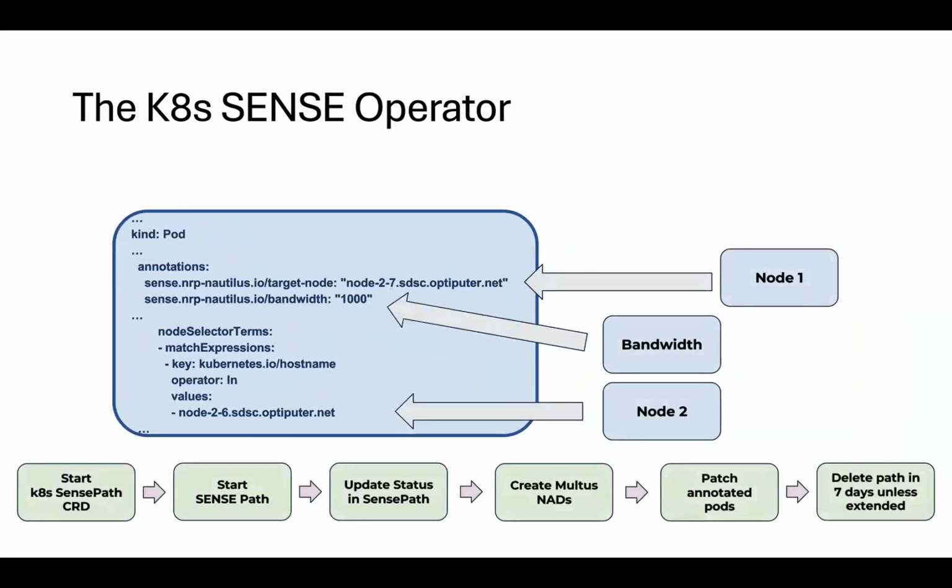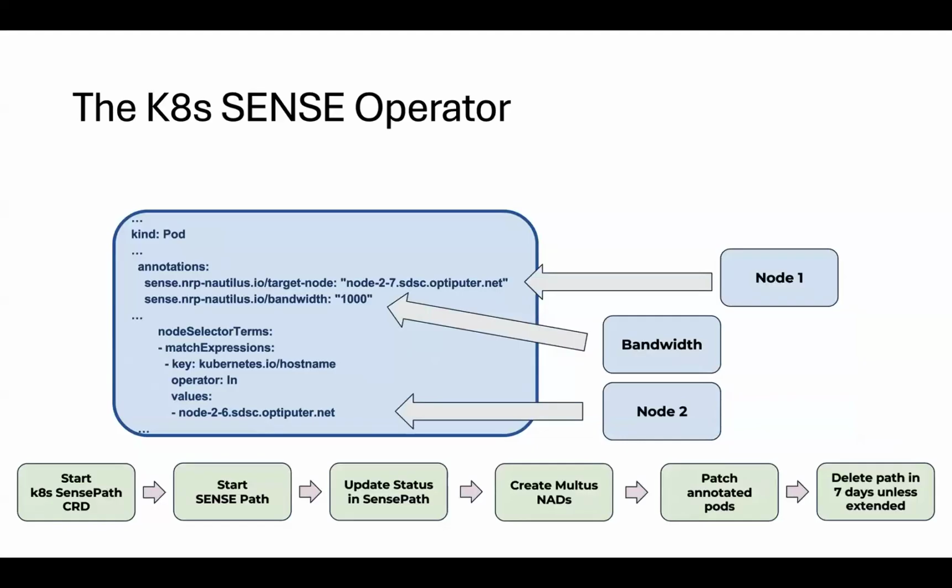But very briefly, the SENSE path starts the path with the orchestrator. So it's a top layer that communicates to the API that SENSE provides. And of course, after starting the path, it updates the status by fetching the status from the API. And then the user can either rely on a Multus network attachment definition.